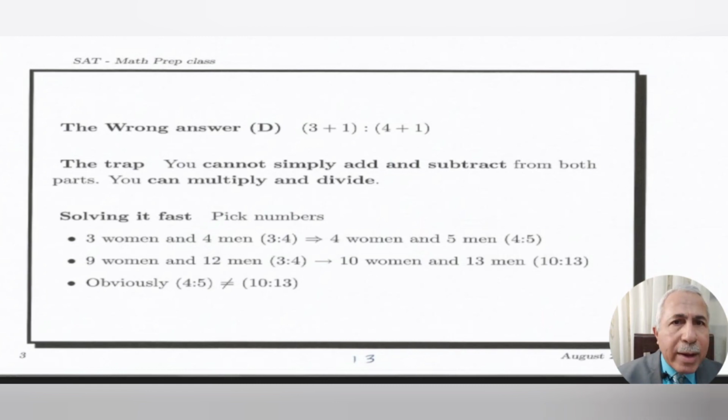If I add 1 to 12, it will be 13. Is 4 to 5 equal to 10 to 13? They are not equal. Why? Because in the first case I added 1 to the ratio, and in the second I added 1 to the quantity, and they are not equal.